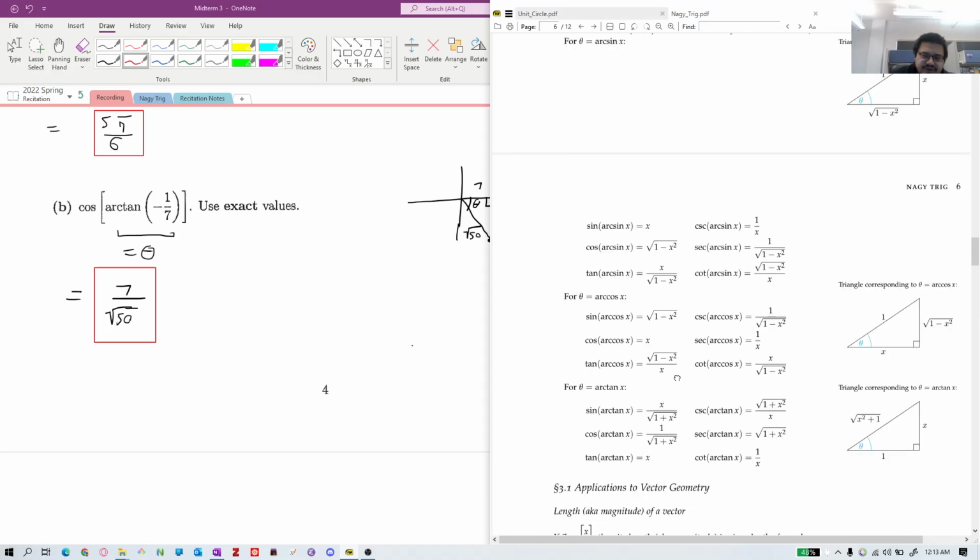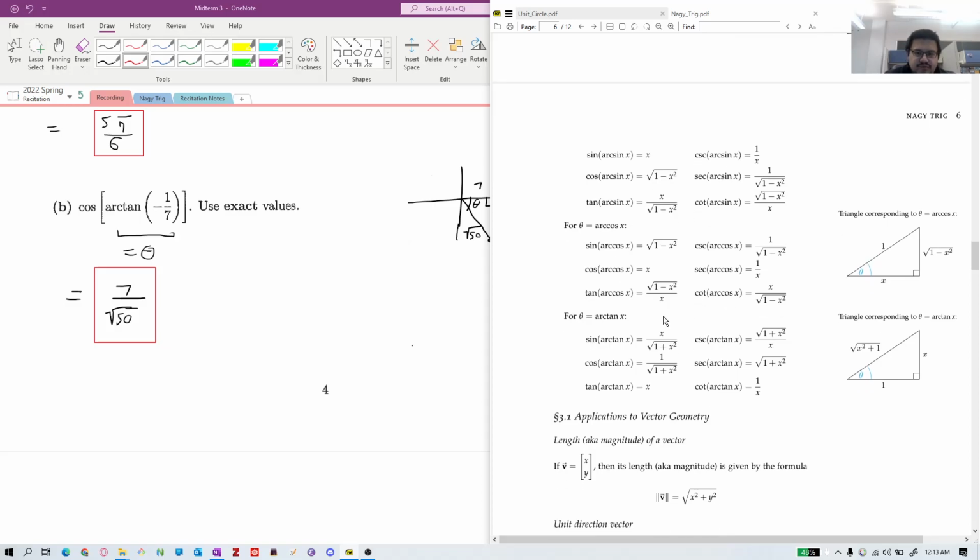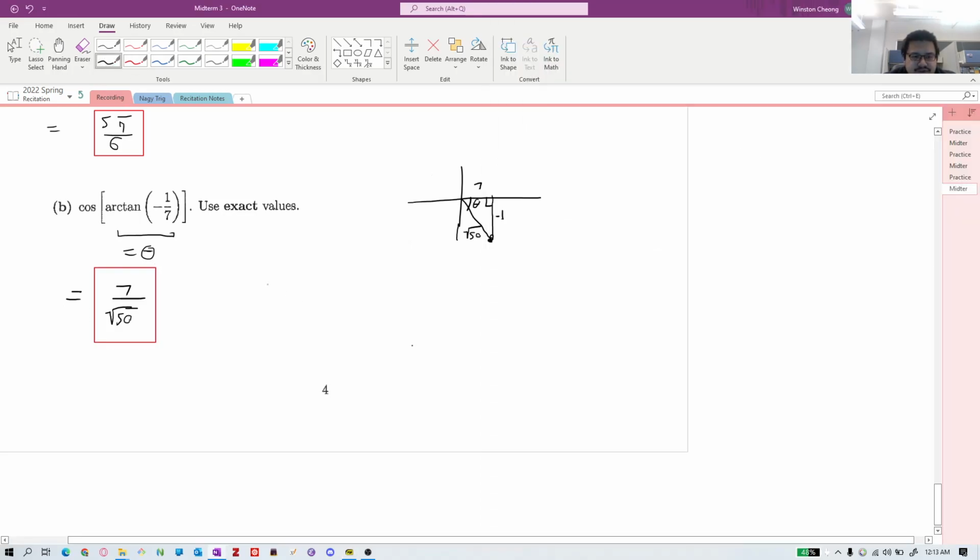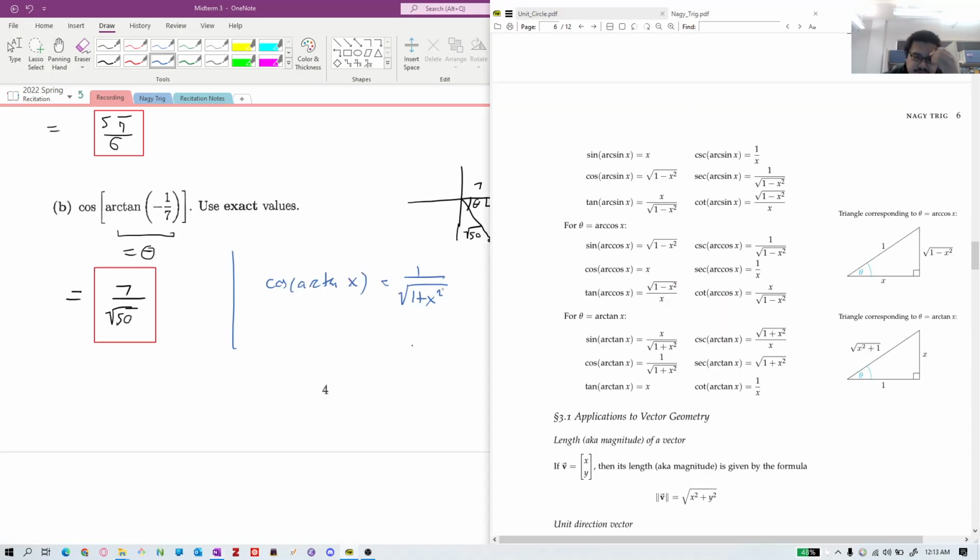And we may as well go ahead and show that that's the same, just so that people won't be wondering too much about that. So cosine of arctan, by the formula, is 1 over root 1 plus x squared. So I'll just copy down that formula. So cosine of arctangent of x is 1 over root 1 plus x squared by the formula.